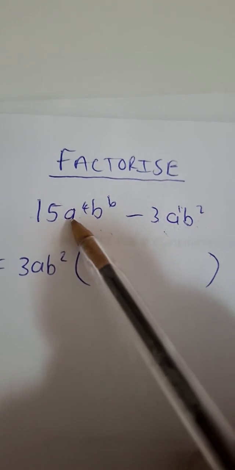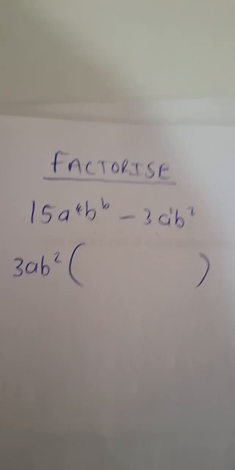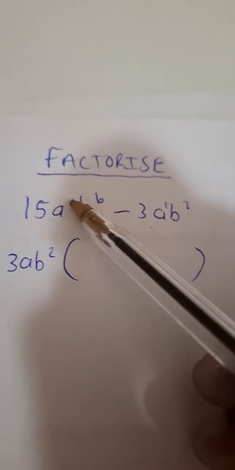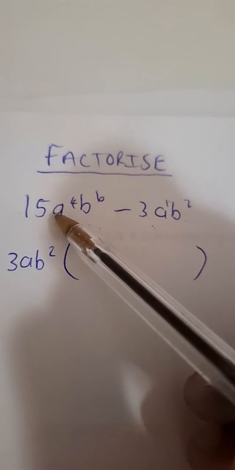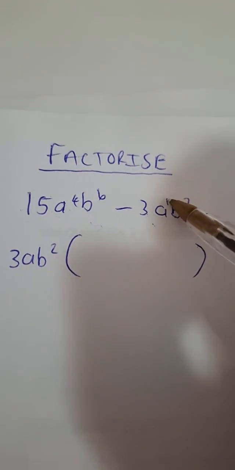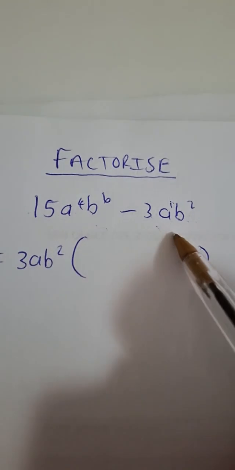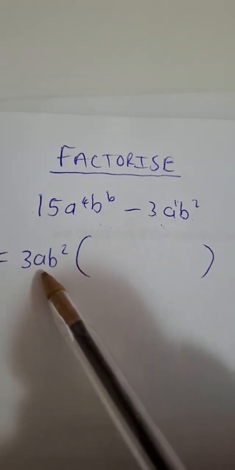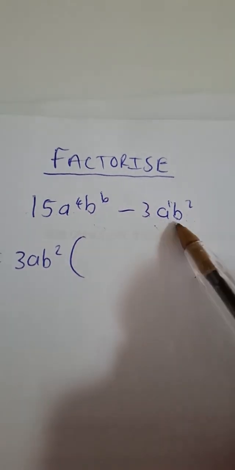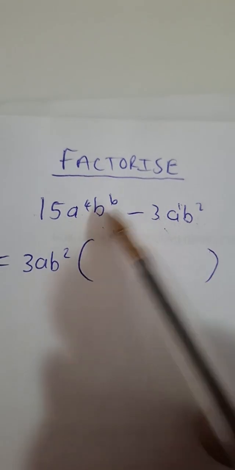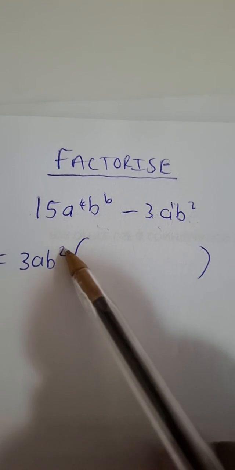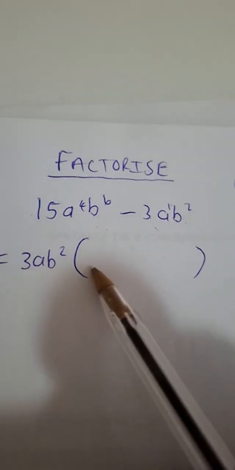So between a to the power 4 and a to the power 1, the base is a, and by exponent we mean these numbers at the top. Your exponent is 4, and your exponent is 1. Which one has the lowest exponent? It's a. Then for b to the power 6 and b to the power 2, the bases are common. Which one has the lowest exponent? It's b squared. Then you've identified your highest common factor.